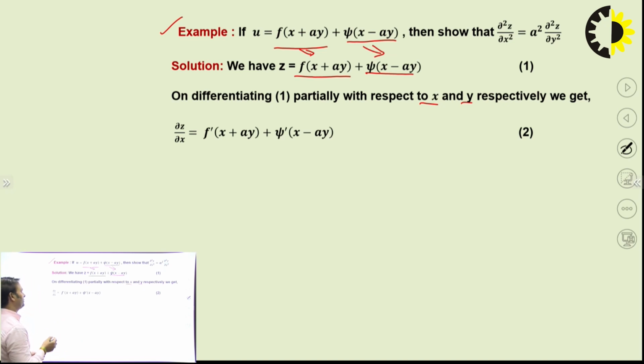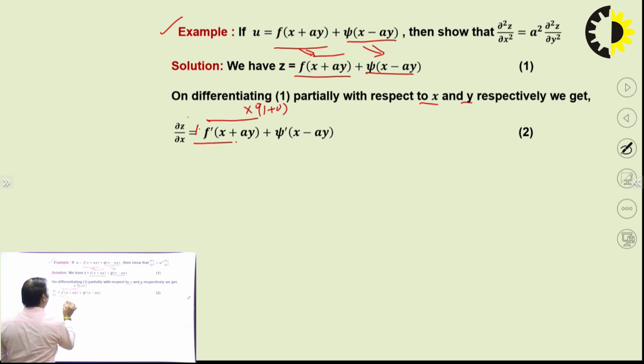So we have to differentiate, and as we have learned already, the differentiation of a function is always function dash, right? But look at the function. Inside the function, it's an x plus ay type function. So the differentiation of x here would be 1 and the differentiation of ay would be 0. So we have to add 1 plus 0.